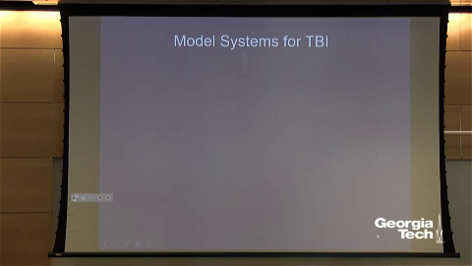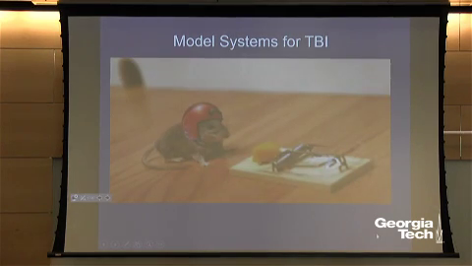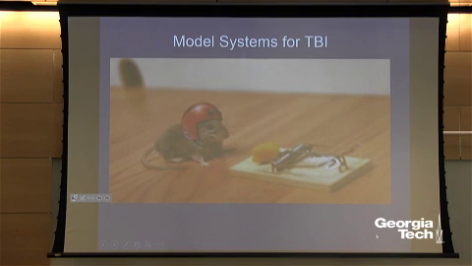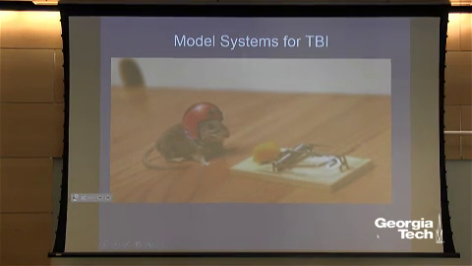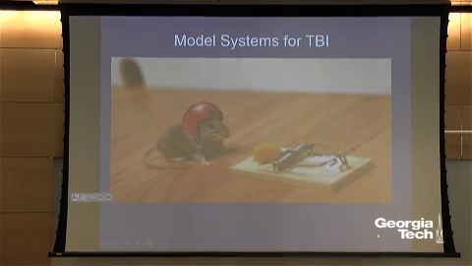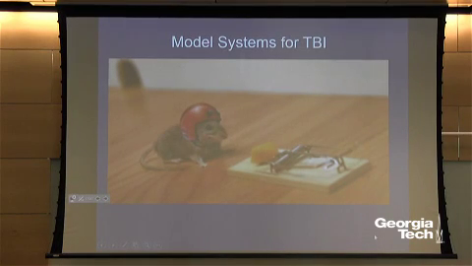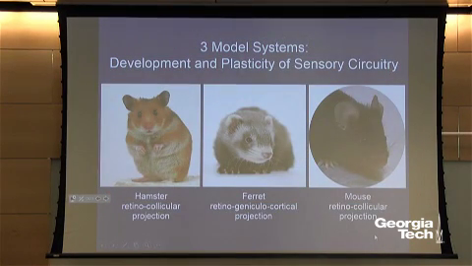So how do we choose a model system for traumatic brain injury? Well, it has to be a system that we can manipulate fairly easily. And in my laboratory, we actually use 3 different model systems. We use the hamster when we're interested in looking at the retinocollicular projection, so from the retina to the visual midbrain.